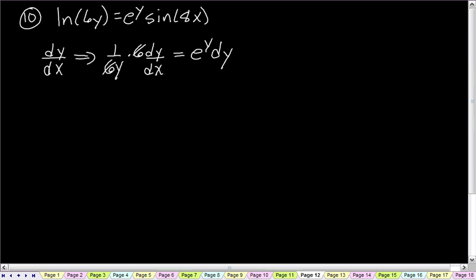Wait, I'm sorry. I forgot the product rule. The product rule says, when you're multiplying two things together, you take the first, leave it alone, and multiply times the derivative of the second. The derivative of the second becomes cosine of 8x times the derivative of the inside, which is 8, plus the second one, which is sine of 8x, times the derivative of e to the y, which is e to the y times the derivative of y, dy/dx.